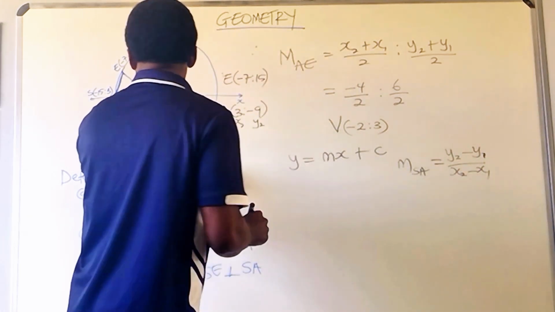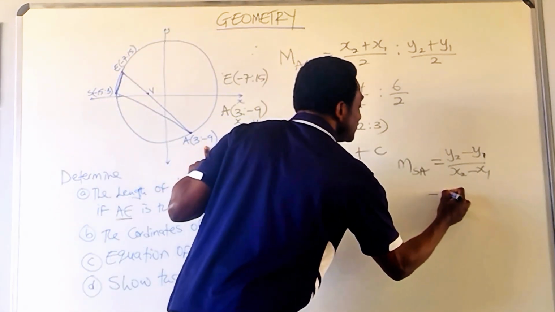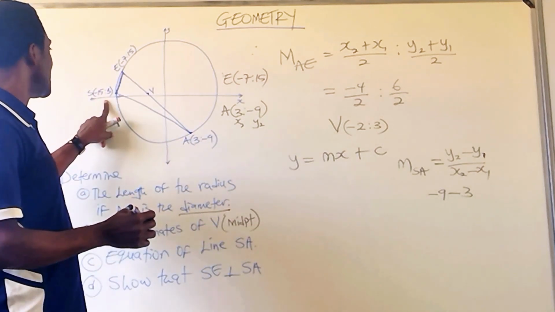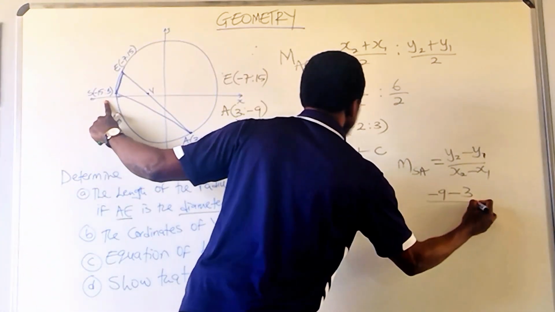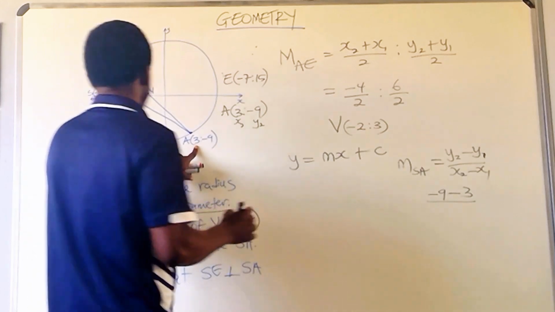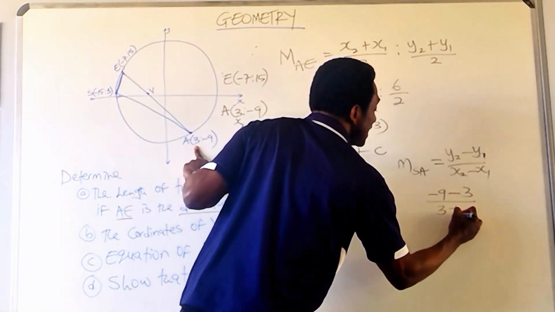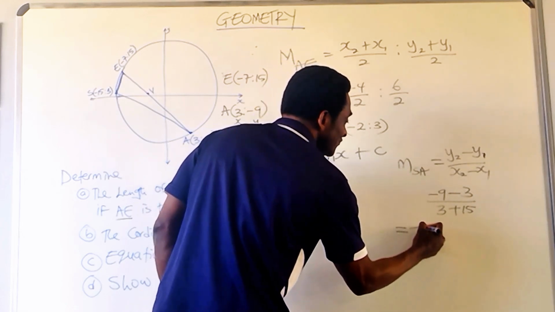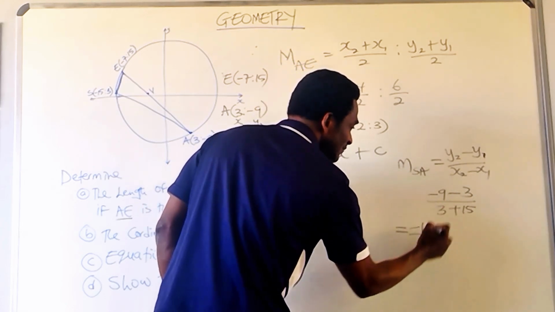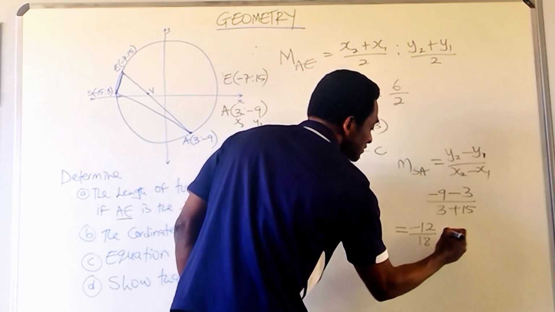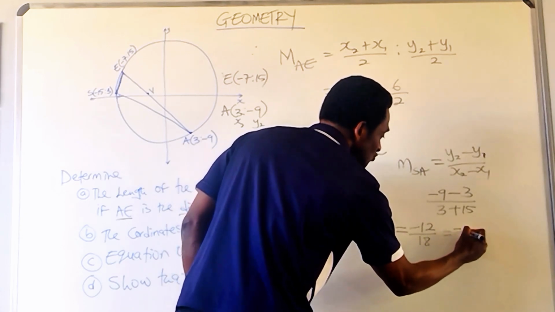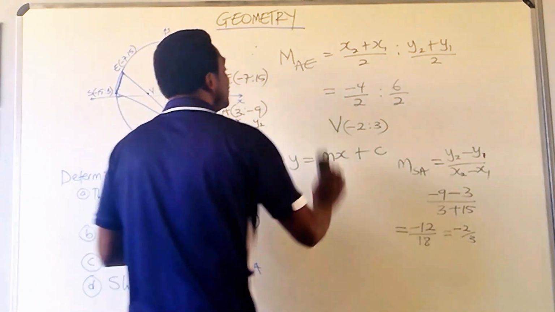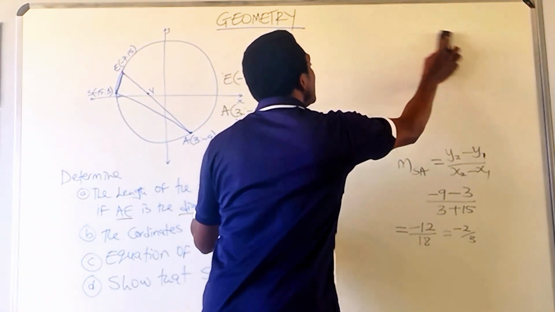So y2 here is negative 9 minus y1, which is 3, between S and A. And then for the denominator, I have 3 minus 15. And this will give me negative 12 over 18, which will give us negative 2 over 3. That is our gradient. Negative 2 over 3 is our gradient.